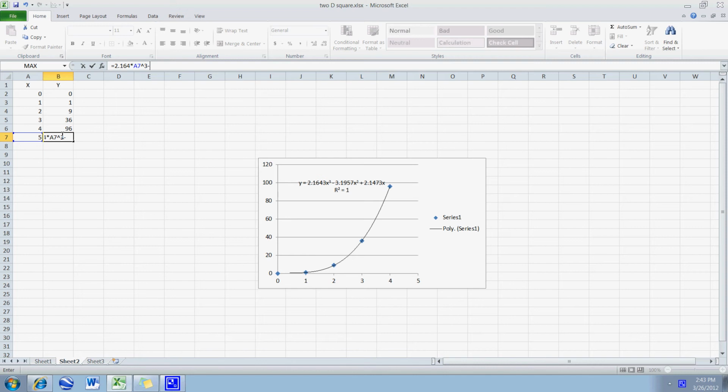Minus 3.1957 times this number squared, plus 2.1473 times this number. It'd be interesting to see if it's an integer. No, it isn't. Okay. It would be interesting to do this with the other, if this were 94, to see if that came out to be an integer.